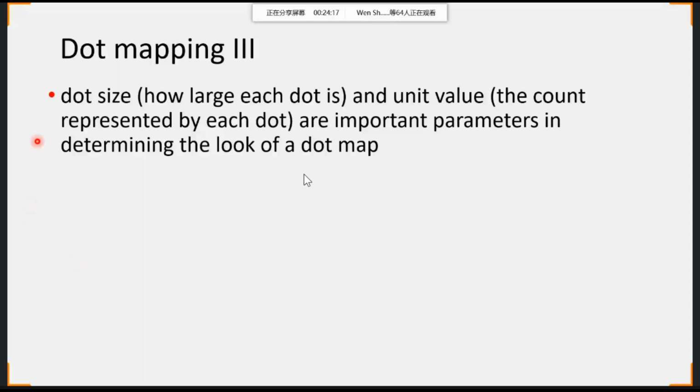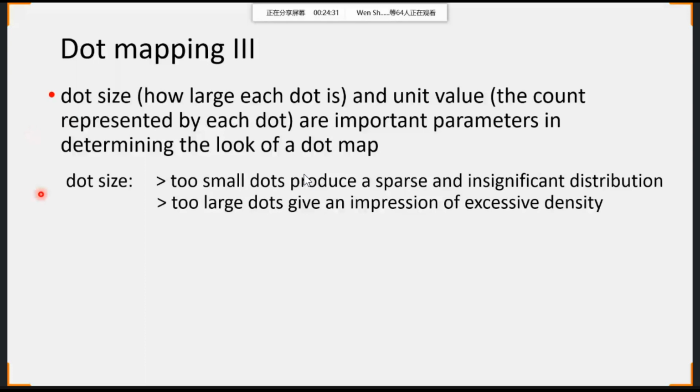Dot size, how large each dot is, and unit value, the count represented by each dot, are important parameters in determining the look of a dot map, of course. Regarding dot size, keep in mind that 2 small dots produce a sparse and insignificant distribution, while 2 large dots give an impression of excessive density. Therefore, we have to find a middle way that avoids these 2 problems.